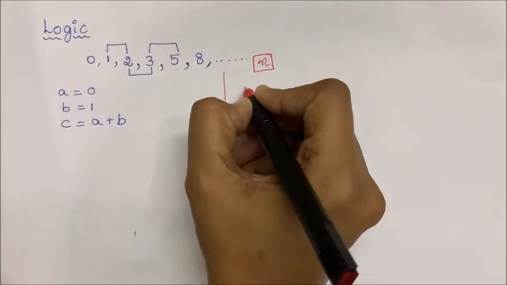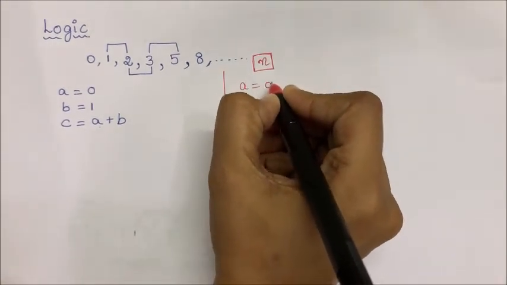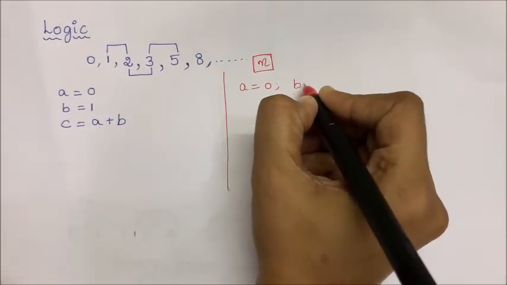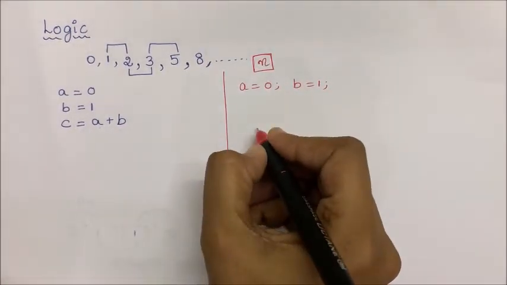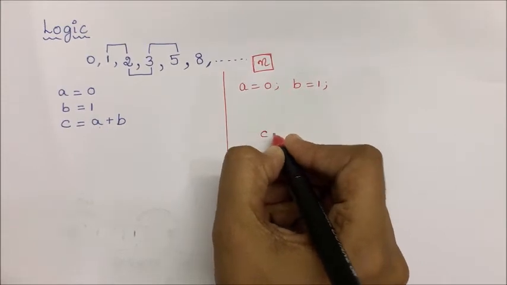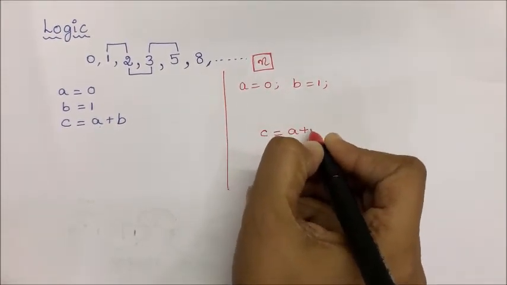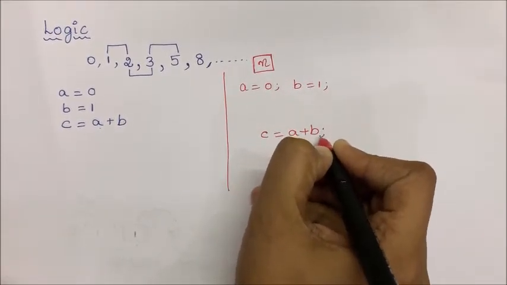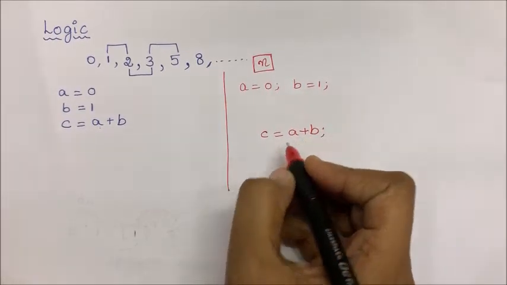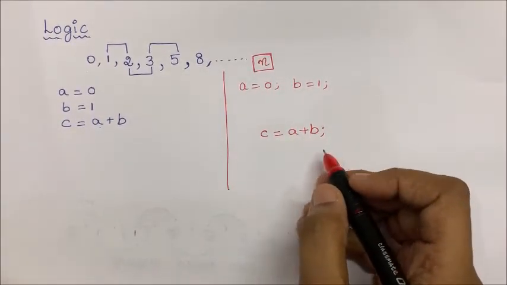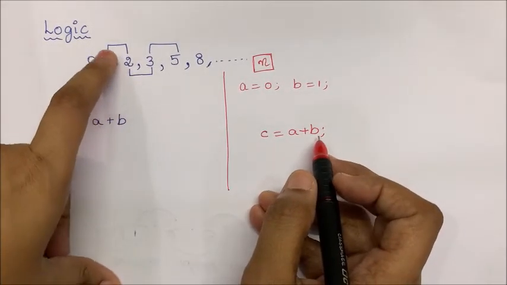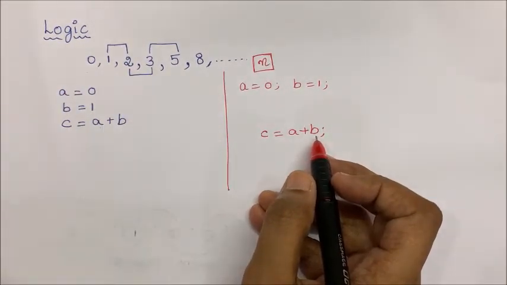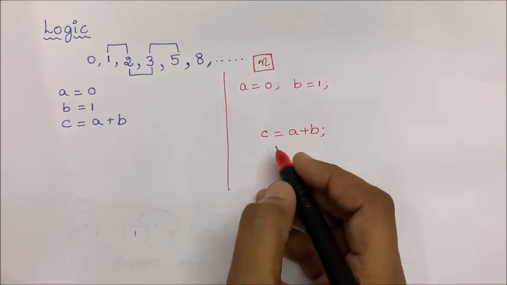And here we will initialize the first value to a and the second value to b. And to get the third value, we will obviously add the previous two values. C is equal to a plus b. But C is equal to a plus b should be repeated for each value in the Fibonacci series.